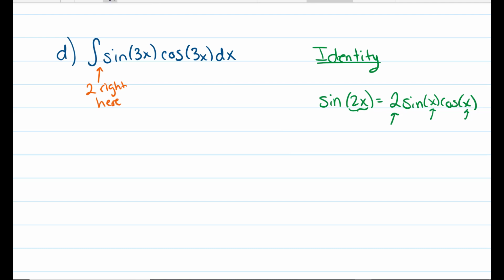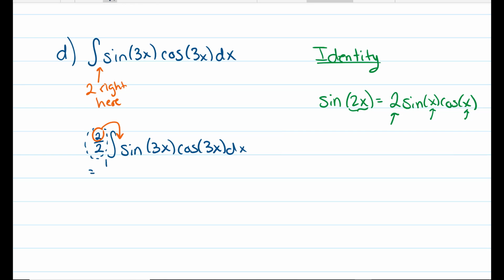Well, I can make that happen by multiplying by 1, or a very clever 1, 2 over 2. So this is sine of 3x cosine of 3x dx. Notice that this piece is just equal to 1, so I can multiply by it. I'm going to take this numerator and put it inside of the integral.